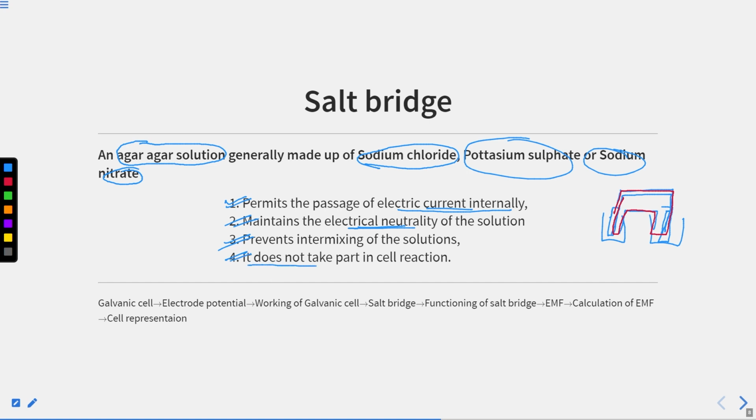This is the most important one, that this salt bridge never takes part in the cell reaction. So the four points are: first, it completes the circuit; second, electrical neutrality; third, preventing intermixing of solutions; and fourth, it does not take part in the cell reaction. Now we'll see how it maintains the electrical neutrality.